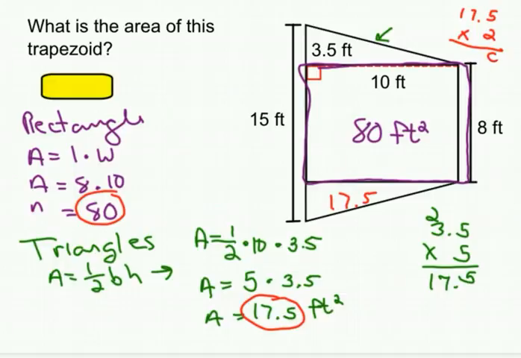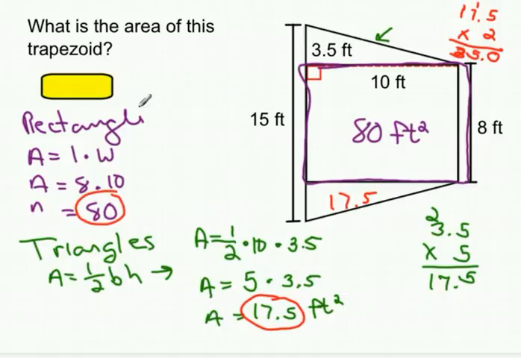2 times 5 is 10. Regroup. 2 times 7 is 14, plus 1 is 15. Regroup. So I get a total of 35 square feet for the triangles.